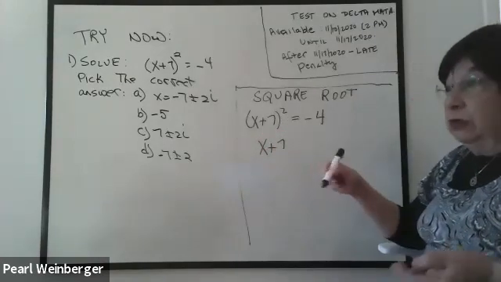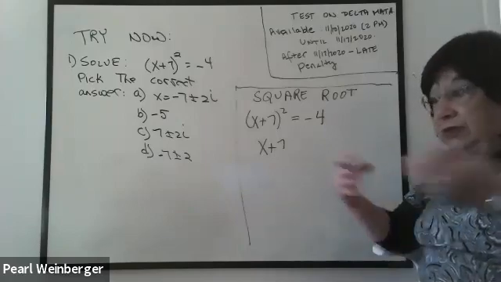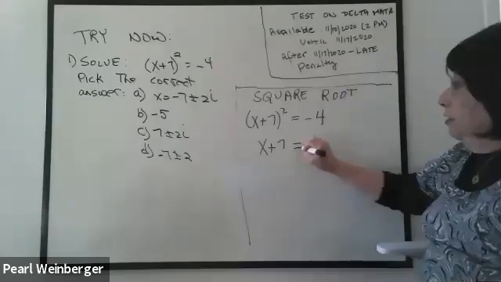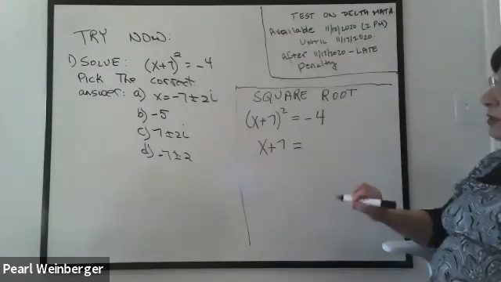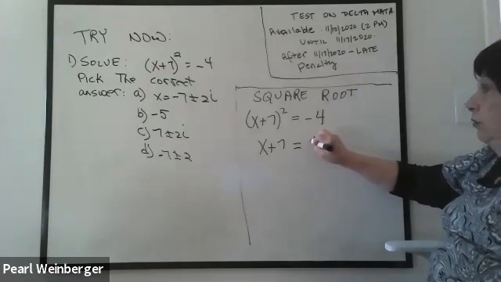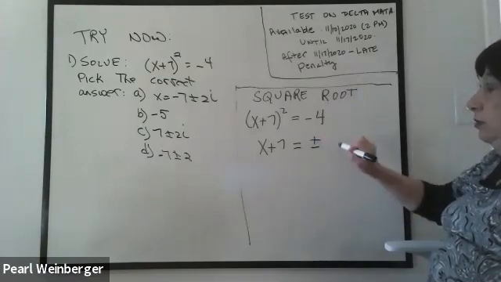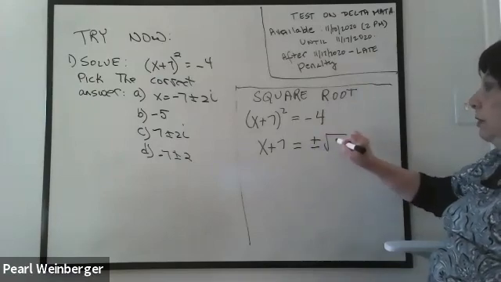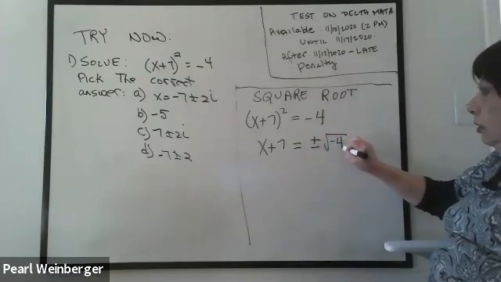In other words, when you square anything and then take its square root, you're right back to where you started. On the other side, since this -4 is not in the square root, I have to actually do the square root. And don't forget that you have to get two answers for that square root, the plus and the minus. You get plus or minus the square root of -4.